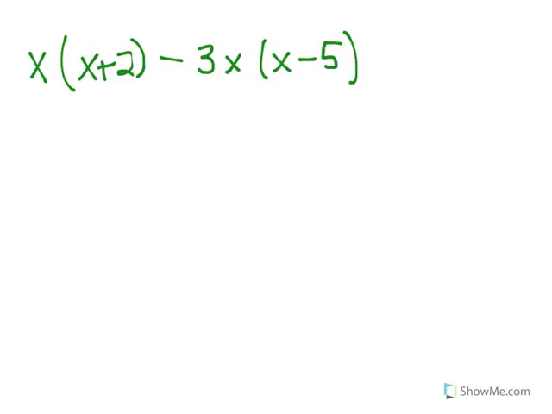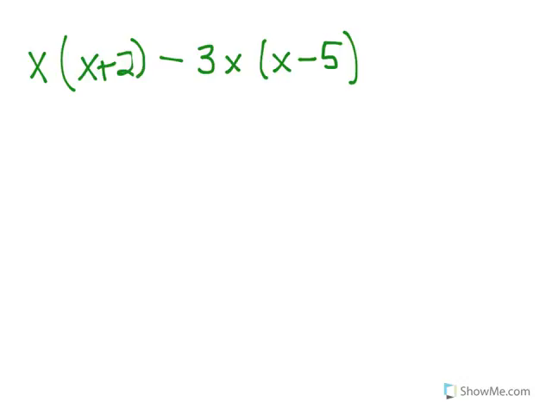We have another more advanced example here where we're going to be multiplying a monomial times a polynomial in two different situations within an expression, and then we're going to end up having to combine like terms to completely simplify.